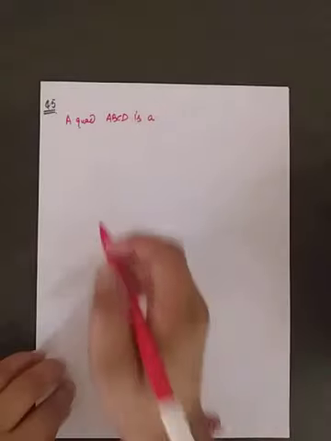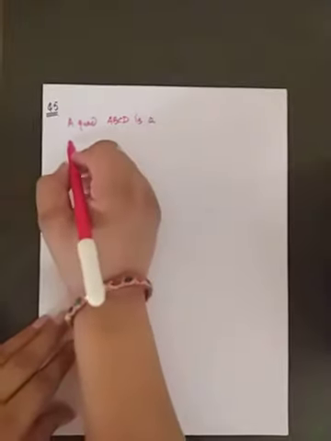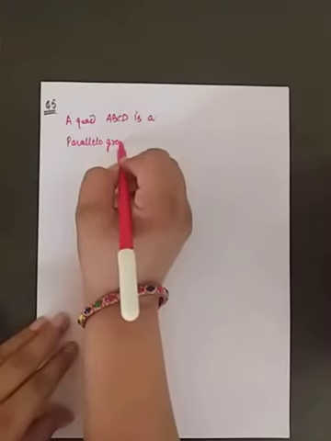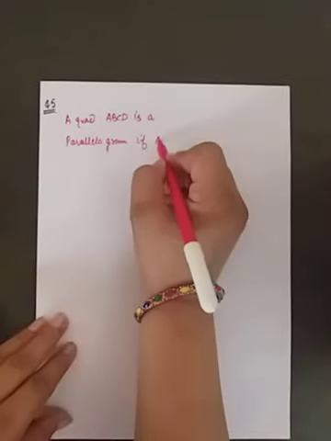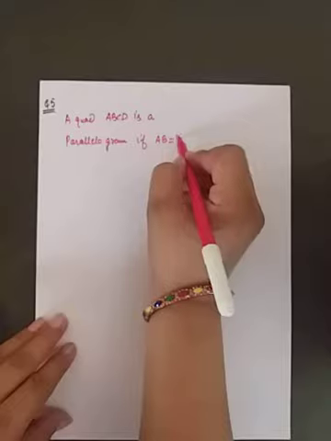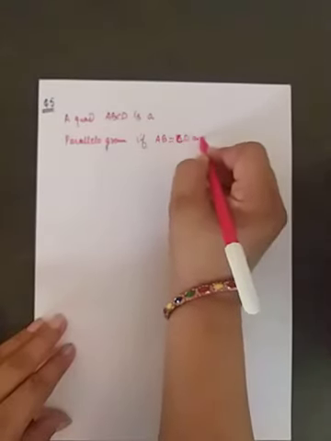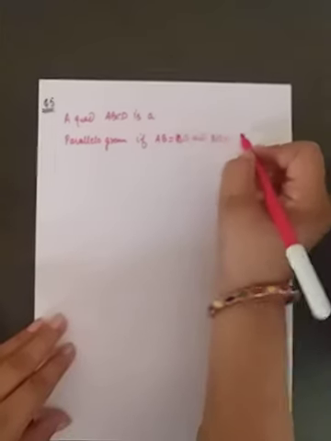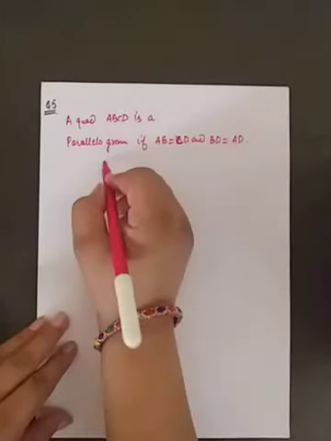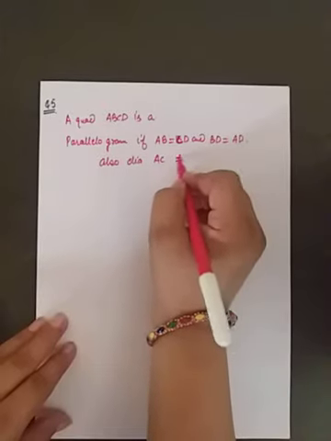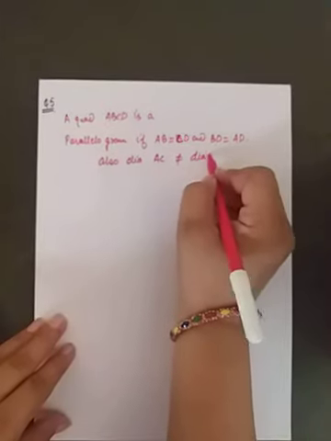So first of all, a given quadrilateral is a parallelogram when? If AB is equal to CD and BC is equal to AD, and also diagonal AC is not equal to diagonal BD.